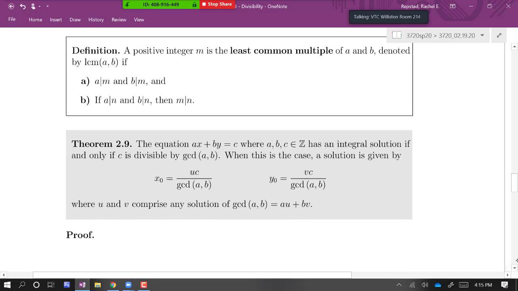And then we're going to finish up this section with a result that we'll prove. It's hard to think about the least common multiple as not being the least common multiple. Because it's the least multiple, right? Okay, I don't understand. So the least common multiple is a common multiple. Right.